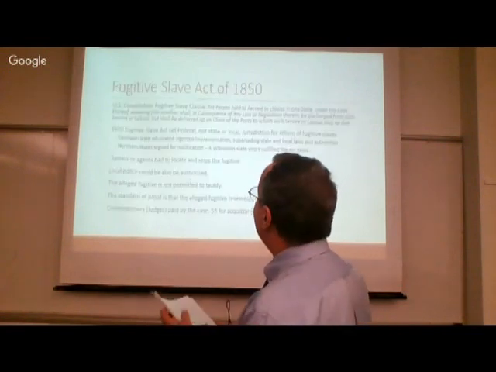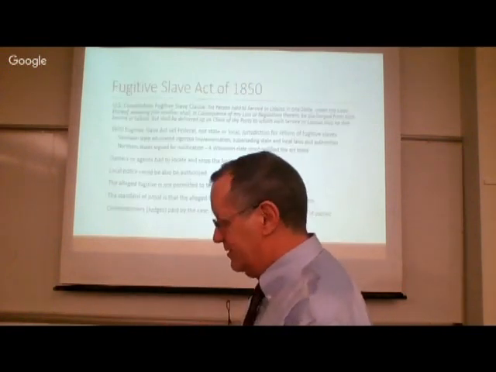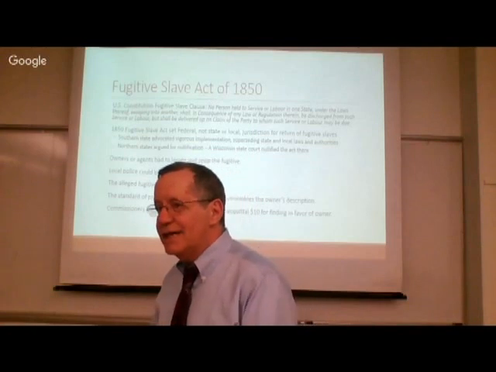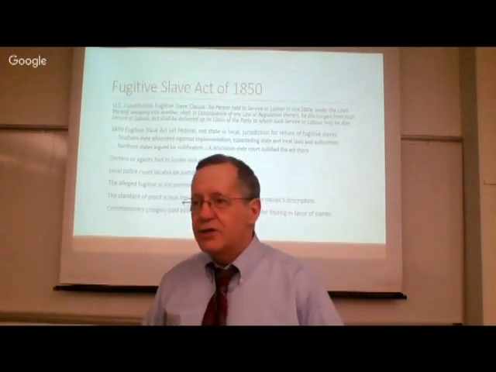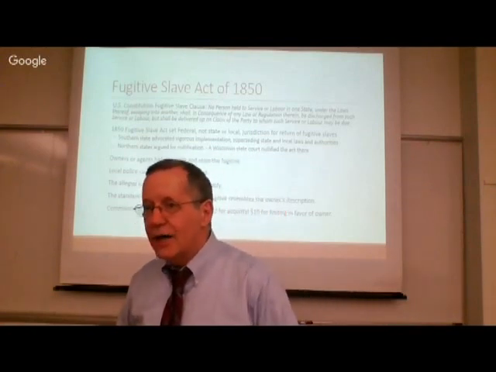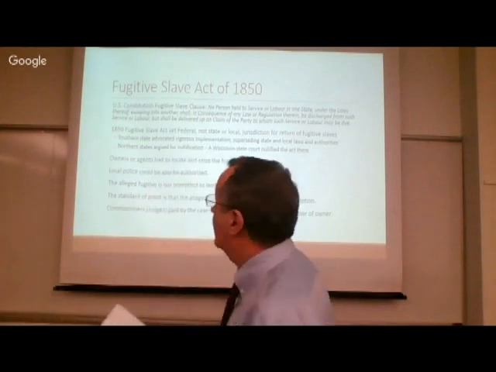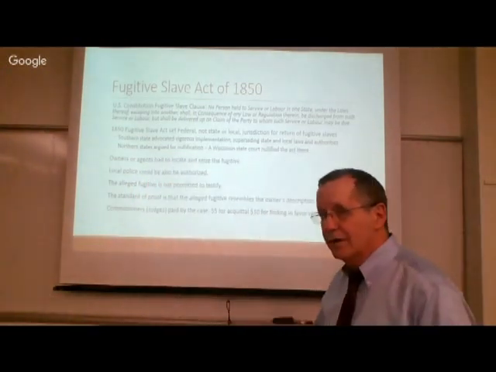Now, the next we have here is the Fugitive Slave Act of 1850. Well, with this kind of stuff going on, the southern states were getting kind of ticked off. They pointed out that the Constitution had a fugitive slave clause.